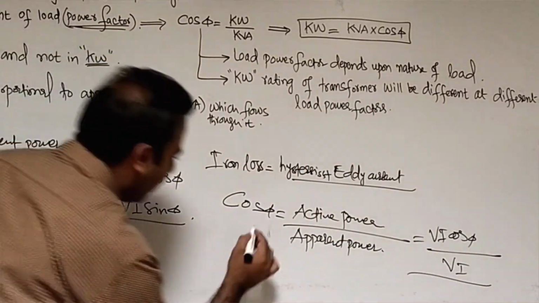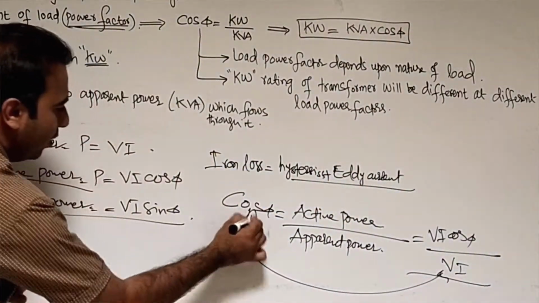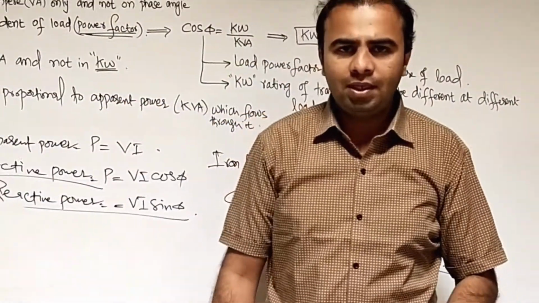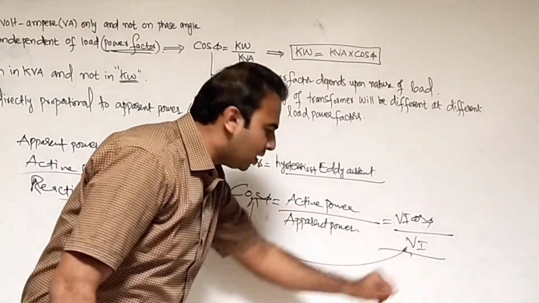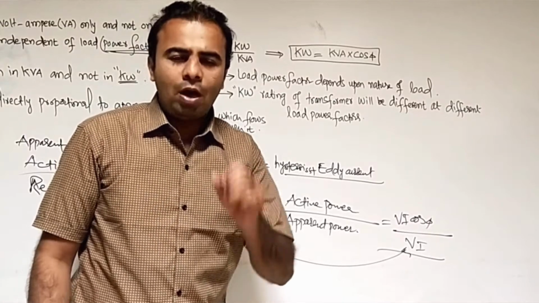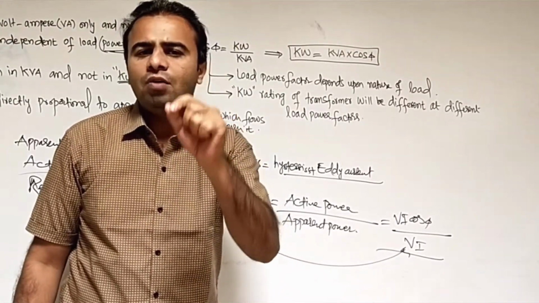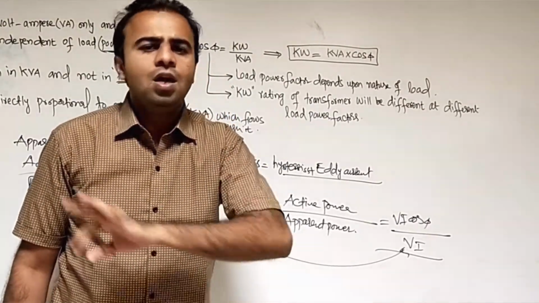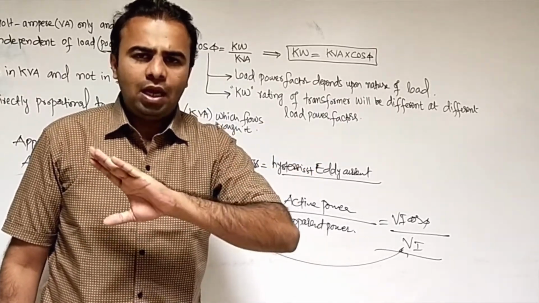So the power factor has a direct relationship with the active power and an inverse relationship with the apparent power. Apparent power is the product of the voltage and current, but the power factor is unknown.